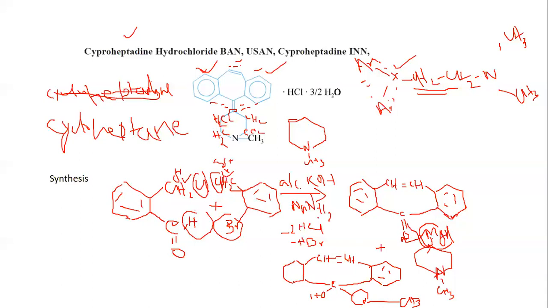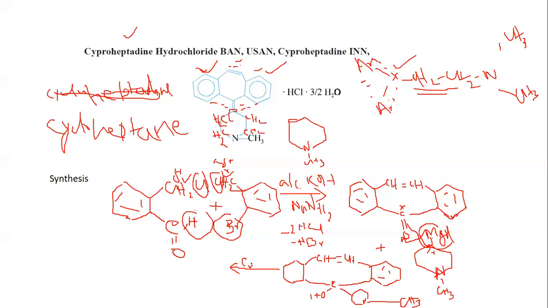OMgCl, the medium contains water or aqueous reagent, so it will be automatically converted to OH, and this carbon and this carbon linkage will form. Grignard addition. So next step, elimination of water.